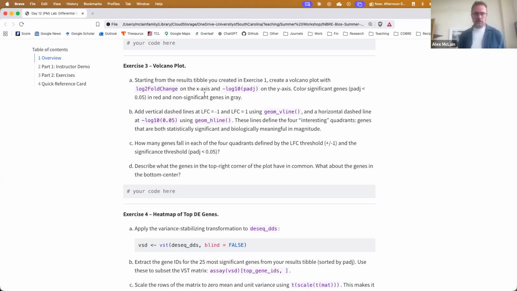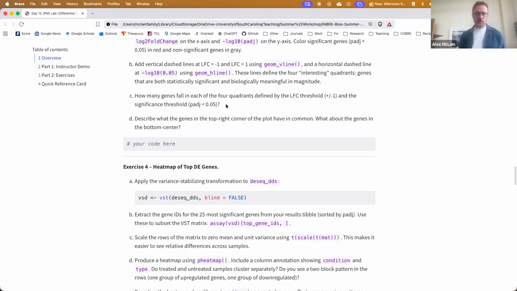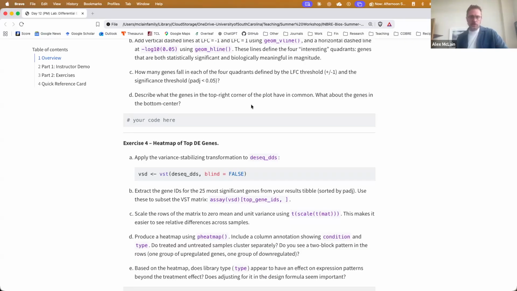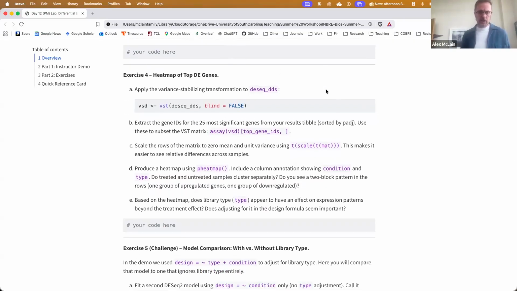Volcano plot, looking at that. Okay, what do we notice from those? How many significant genes are, plus minus, outside of those thresholds and significant? Describe what the genes in the top right corner have in common. What about the genes in the bottom center? Just some information about those.